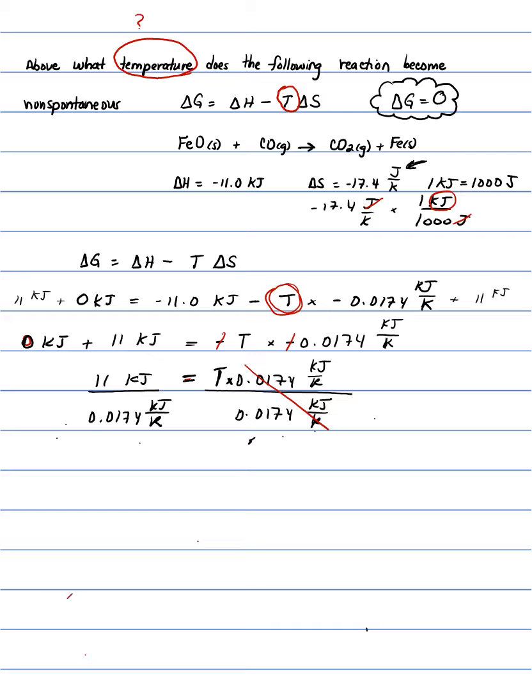So everything cancels there, unit canceling here. Here I have T, and this is 600, I'm rounding, 632. The unit that is not canceling out is Kelvin.